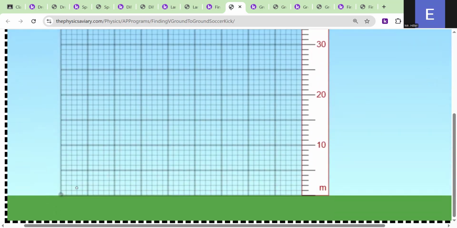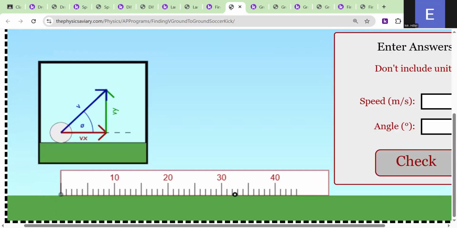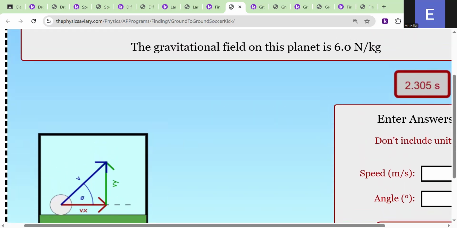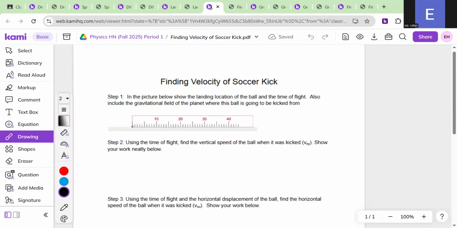Let's click on that. It flies. I can see it went a maximum of about 4.1 meters high, and you can see it's ending at almost exactly 32 and a half meters away. So I'm going to take that into account when I put this in here.